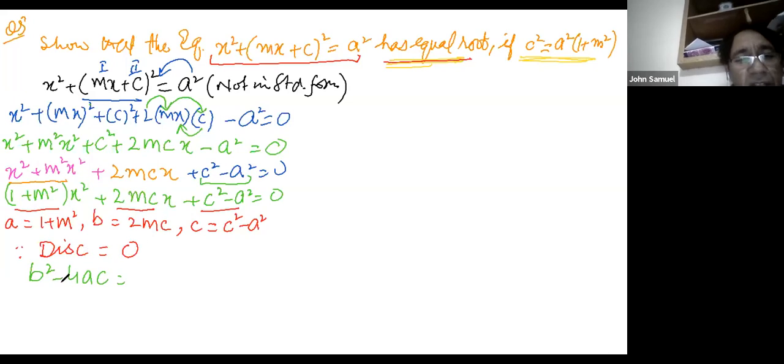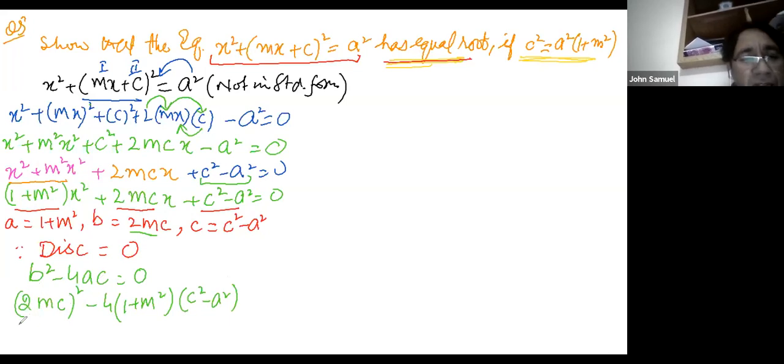If discriminant is equal to 0, then we put the values and put it equal to 0. What is the value of b? b we have this one. So we can write it like this: 2mc whole square minus 4 into first a we have 1 plus m square into c we have c square minus a square.